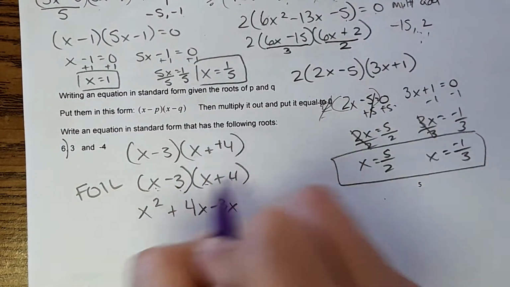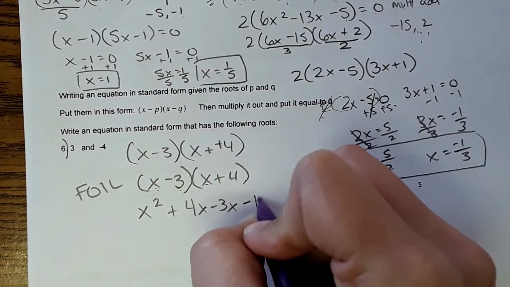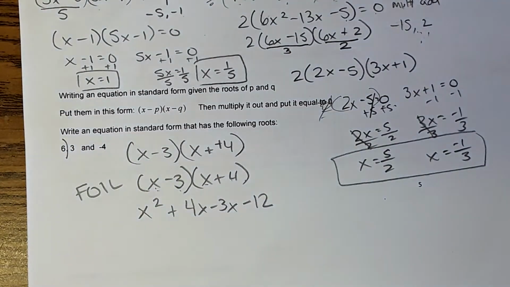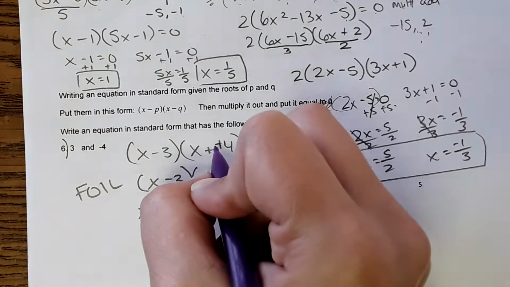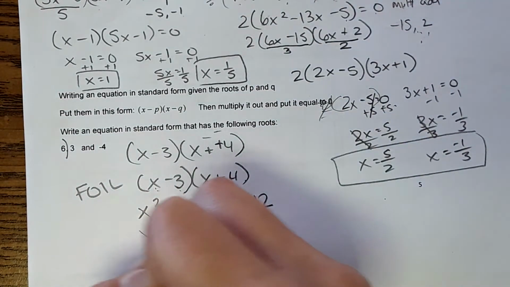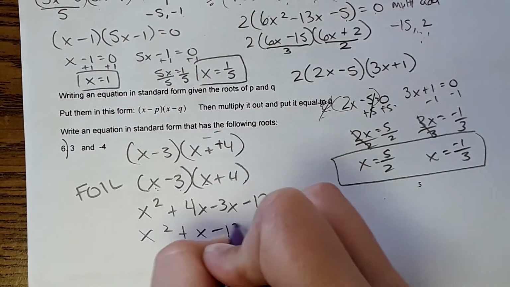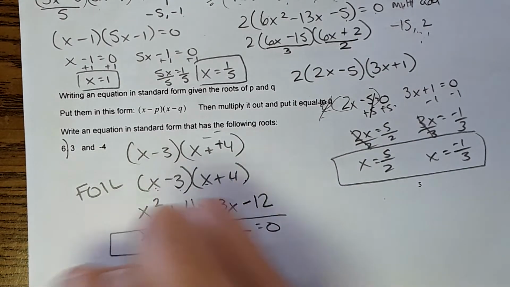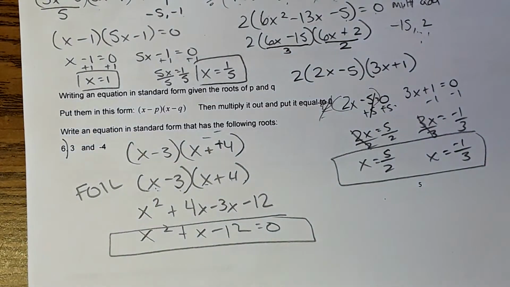And then negative 3 times 4 is negative 12. No, that's false. It was like minus a negative, and then I added it to x. Oh, gotcha. Okay, x squared plus x minus 12 equals 0. And we're done there. Do you not need to factor that? So it was factored. Oh, so we were working backwards. Oh, okay.